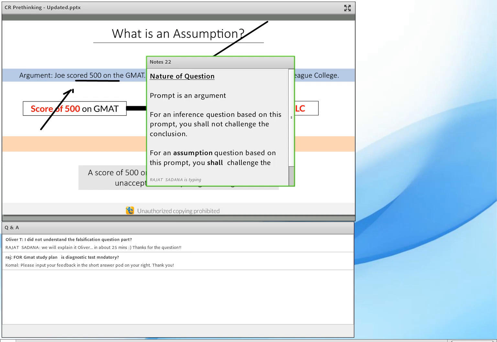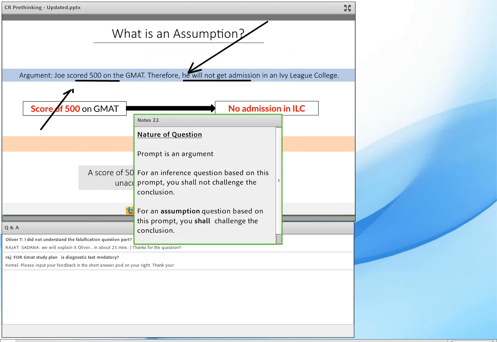For those of you who are asking what the prompt is, this entire piece over here is a prompt. For an inference question, you will not challenge the prompt.